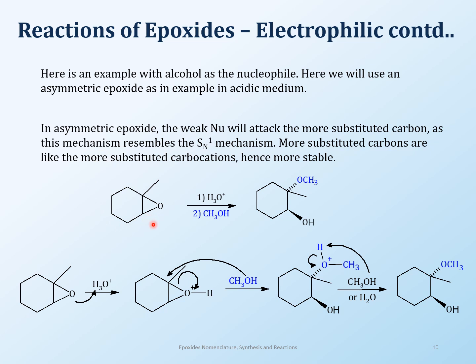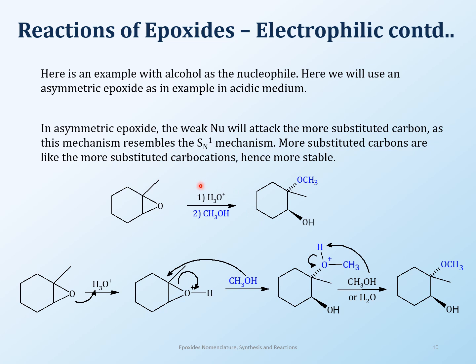Here I want to show you that if you add a nucleophile, it will go to the carbon that is more substituted. In the nucleophilic attack, it went to the carbon that was less sterically hindered, but now it is going to the carbon that is more sterically hindered.